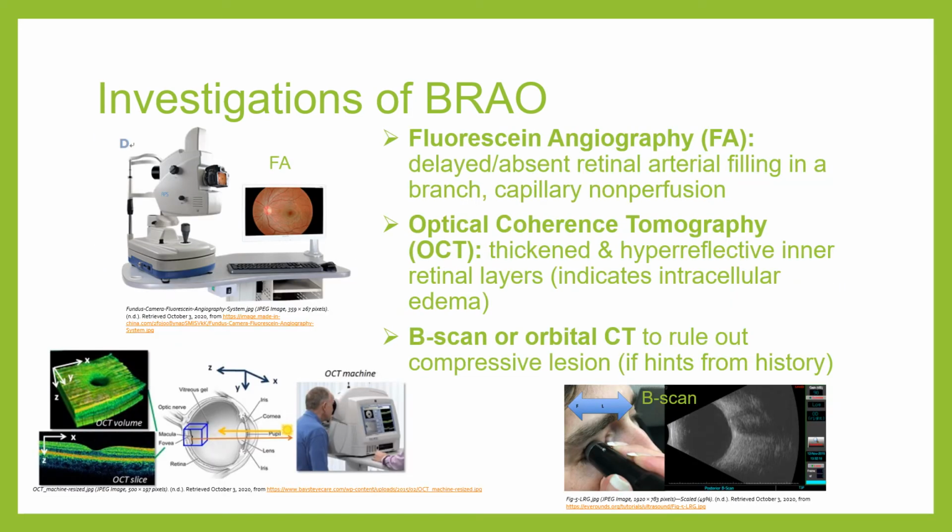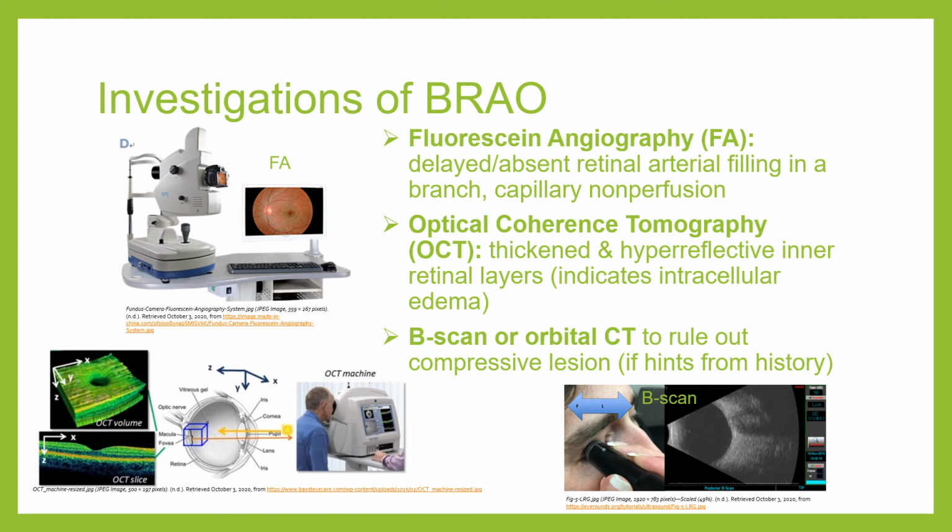Some other investigations include fluorescein angiography. When administering fluorescein into the bloodstream, if there is delayed or absent retinal arterial filling in one branch, or a capillary non-perfusion, this is likely indicating BRAO.